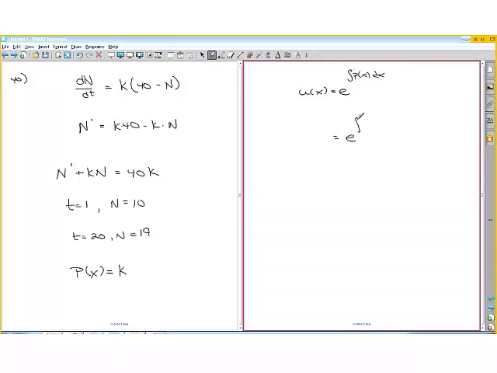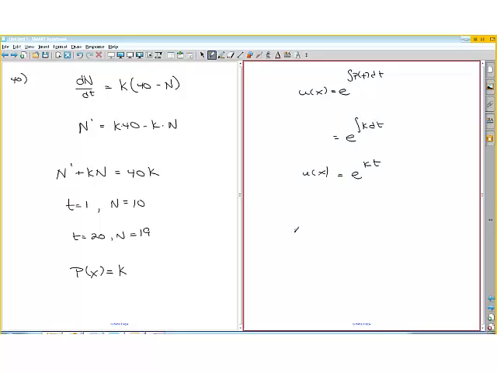So we have e to the integral of k, and it's actually dt, so the independent variable is t. So we have k, which is constant with respect to time, times dt. So you get e to the kt. So that's our integrating factor.